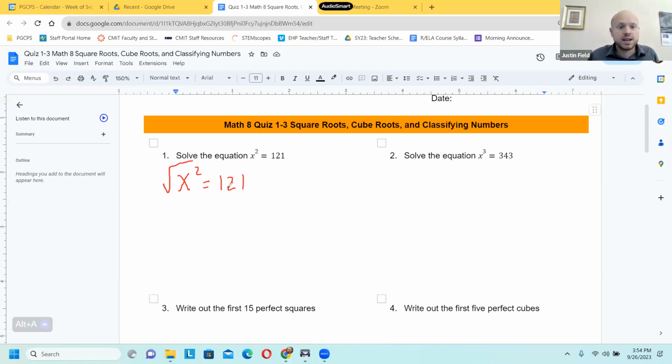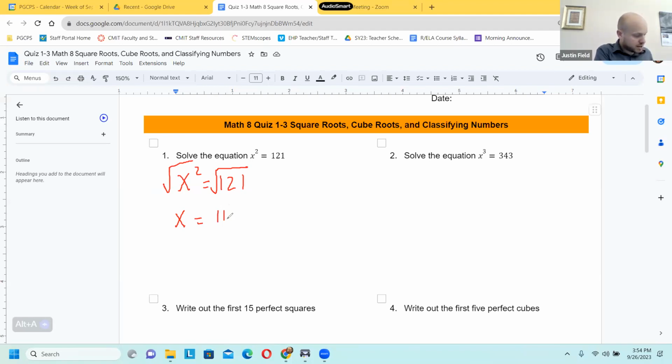But what I want to see is you guys, right now, you should write this on your paper. So write the square root sign over top of both sides. And then that makes this x. And the square root of 121, I know some of you already know it, probably saying it in your head right now, it's 11. And I see that on some people's papers as well.